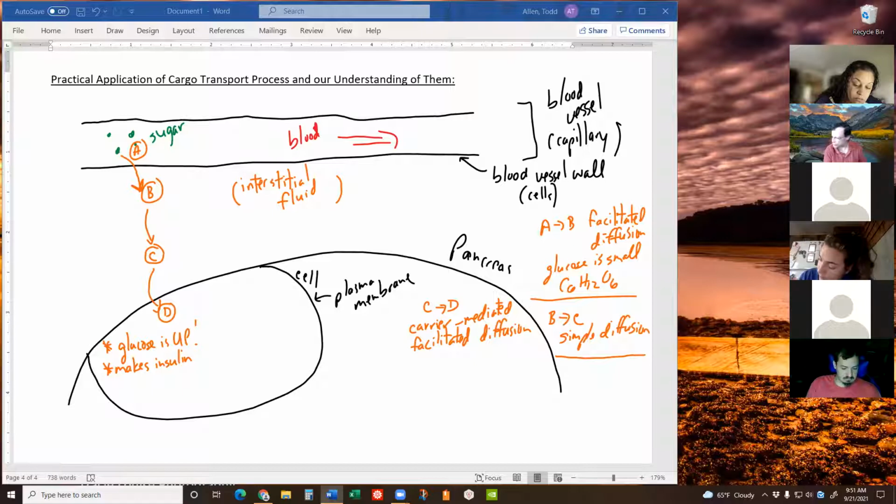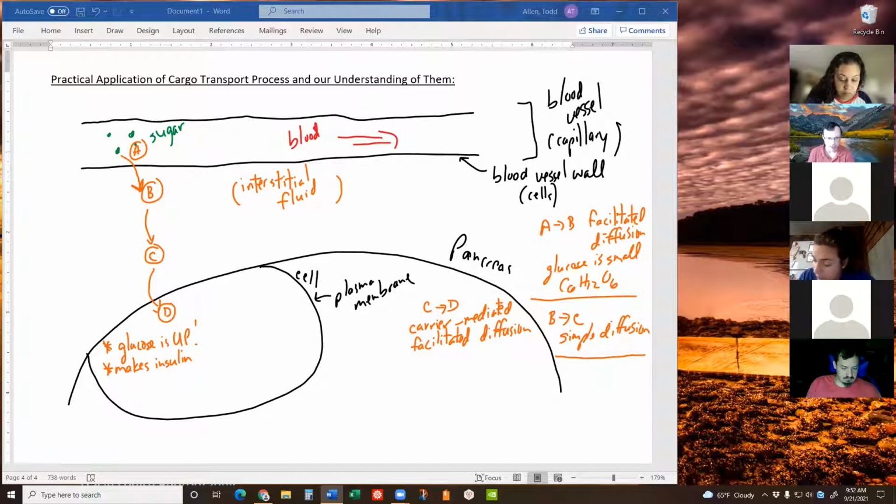Quite large. Here's the molecular formula for insulin. 257 carbons, 383 hydrogens, 65 nitrogens, 77 oxygens, and 6 sulfur atoms.